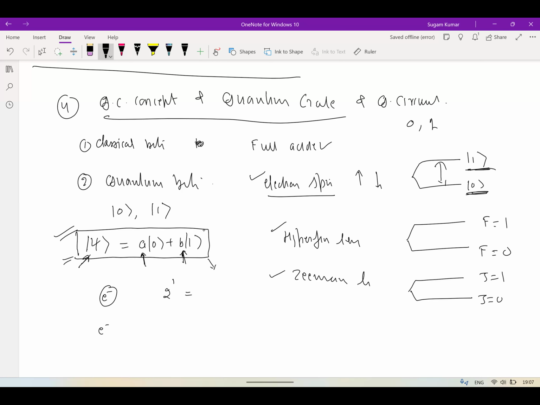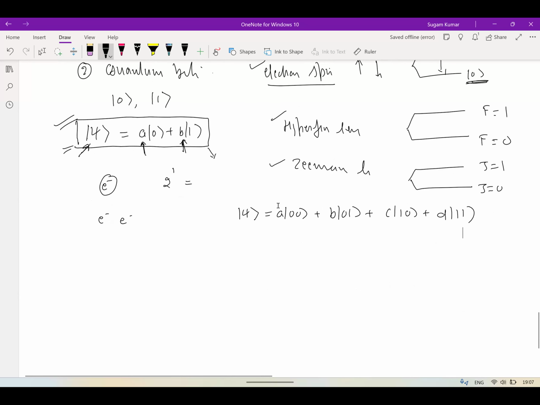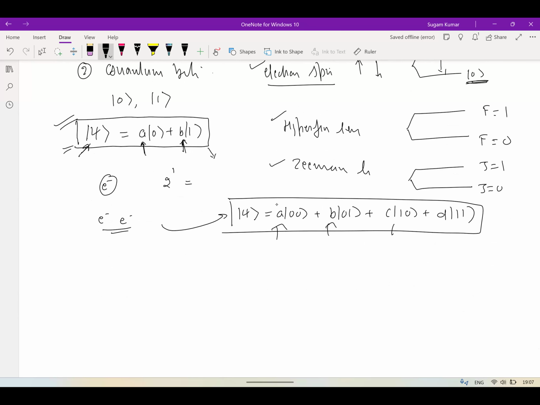If I have, let's say, 2 electrons, meaning 2 qubits, then the wave function can be written like, let us say, A 0 0 plus B 0 1 plus C 1 0 and D, let us say, 1 1. So it means that to define the superposition of 2 qubits, you have to define these 4 complex numbers. So if you have 2 electrons, then 2 power 2, meaning 4 complex numbers, need to be defined.